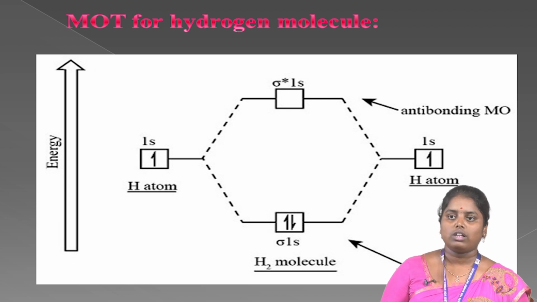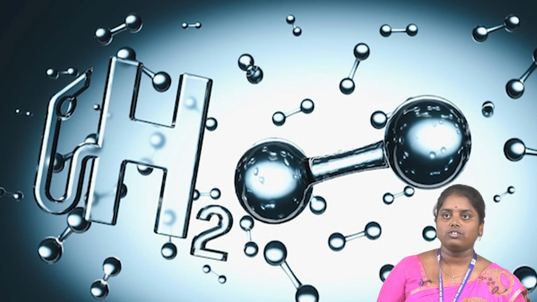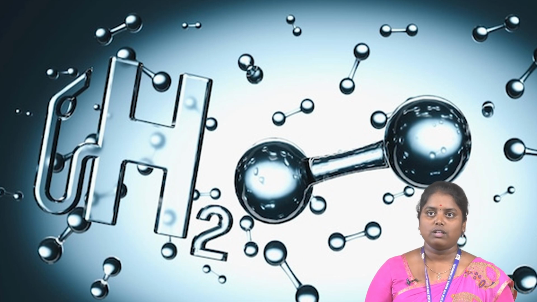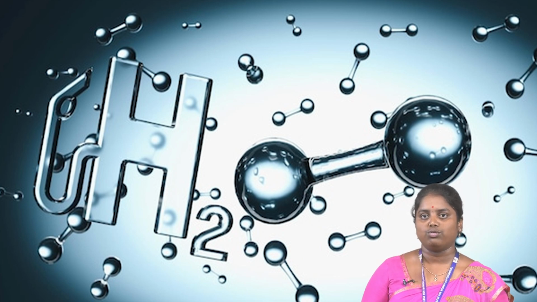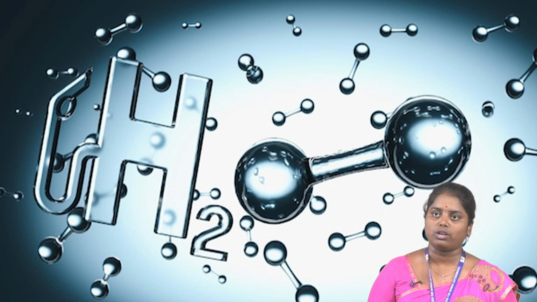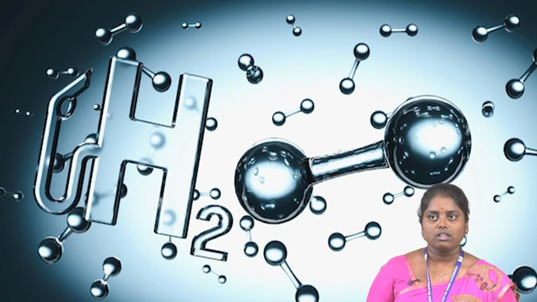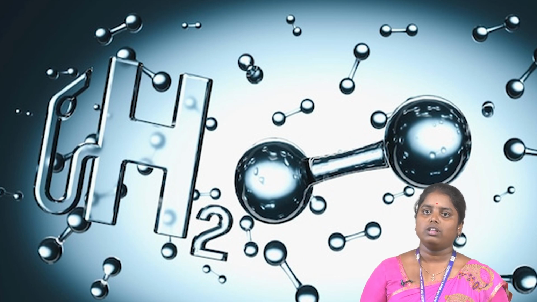The bond order is calculated as the subtraction of electrons in antibonding molecular orbitals from those in bonding molecular orbitals, and the answer is divided by 2. In the hydrogen molecule, the number of electrons in antibonding molecular orbitals is 0 and the number of electrons in bonding molecular orbitals is 2.